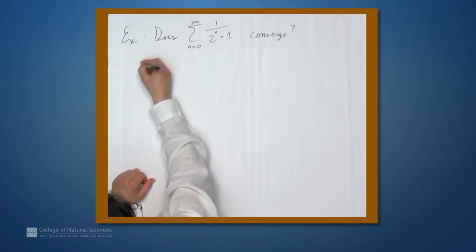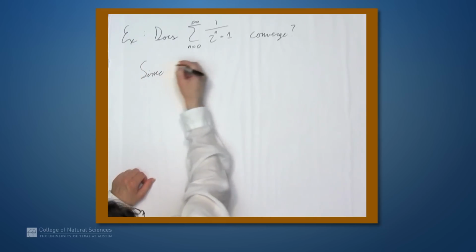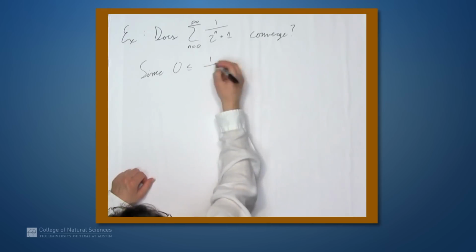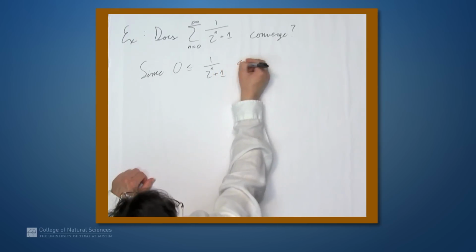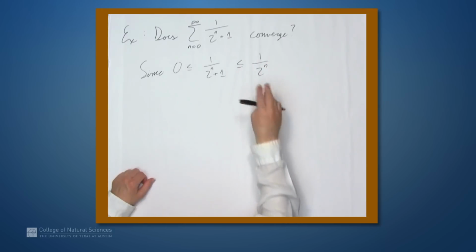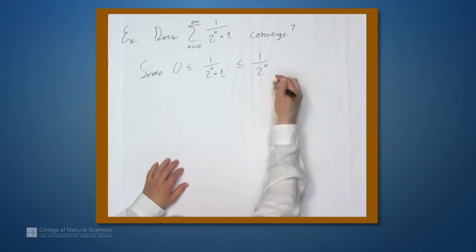So since 0 is less than or equal to 1 over 2 to the n plus 1, which is itself less than or equal to 1 over 2 to the n, these are the terms that form a geometric series.